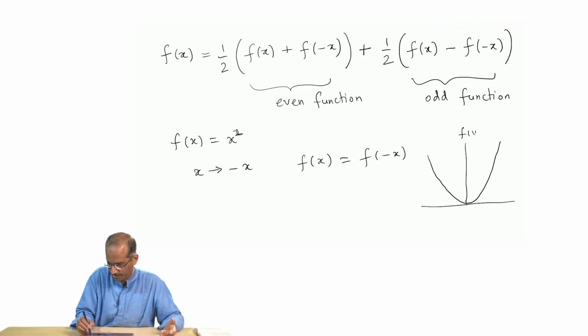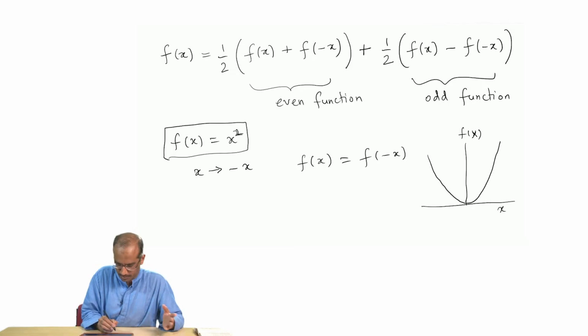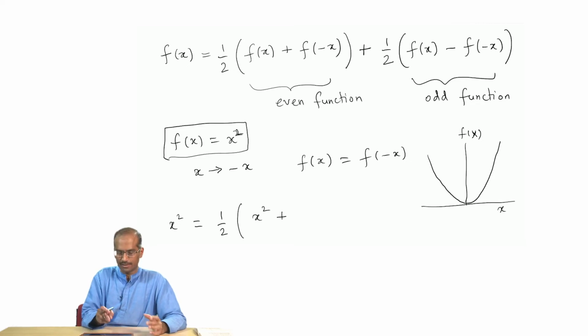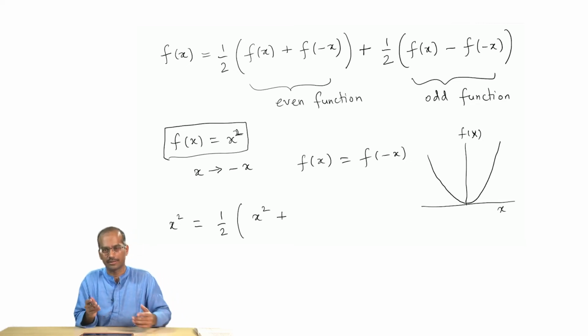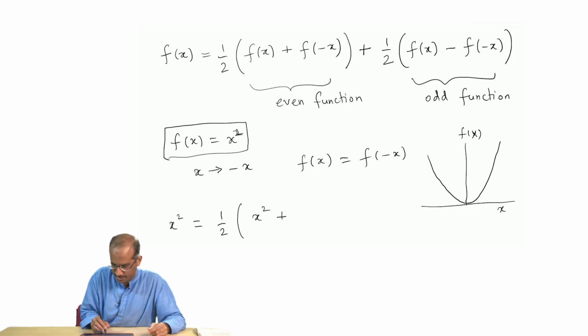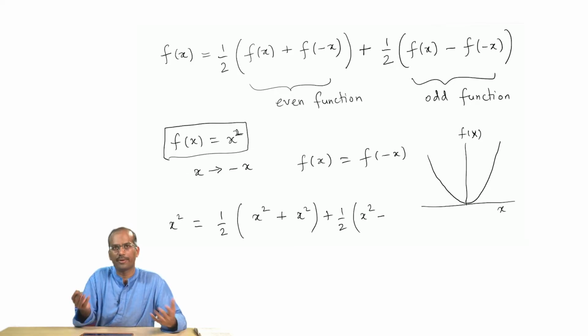So, it is a quadratic function in x. So, on the left hand side of the equation that I have written down, I will have x square, and this will be half of f of x, which is of course x square, plus f of minus x, which for this choice is x square itself, and again half f of x is x square minus f of minus x is x square.